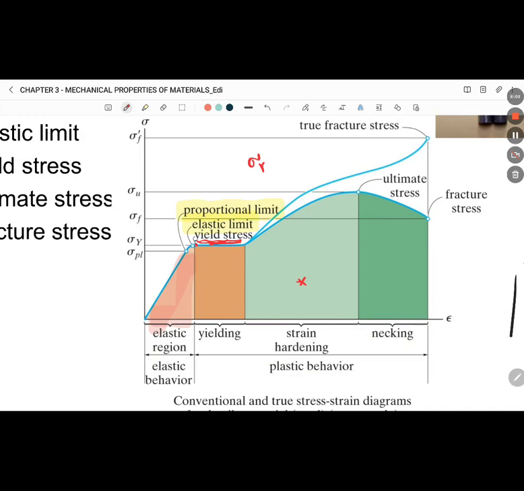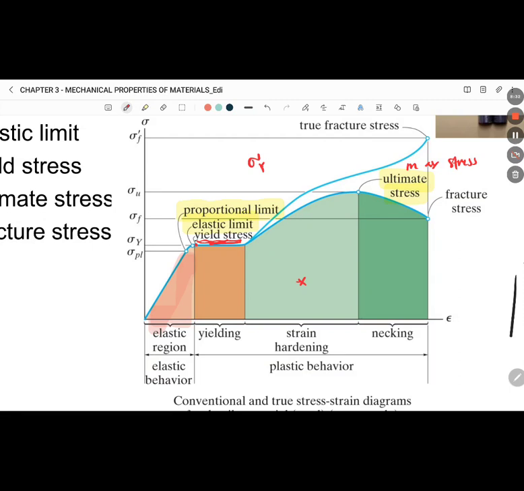When the yielding has ended, an increase in load can be supported by the specimen, resulting in a curve that rises continuously but becomes flatter until it reaches a maximum stress. It reached the maximum stress over here. This is the ultimate stress, and we can also call it the maximum stress.